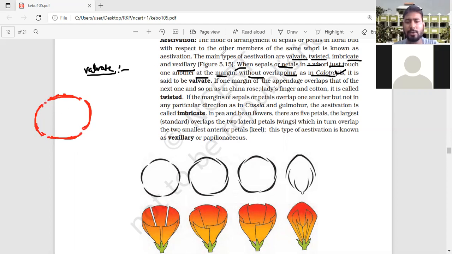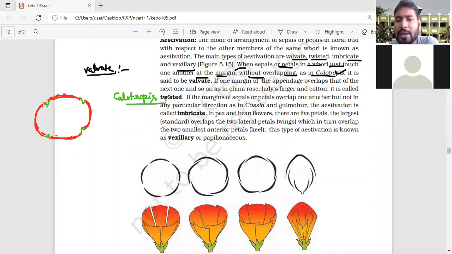Just look: when the sepals or petals in a whorl just touch one another at the margin. Touch means, I will change the color so your concept will be clear. Now they are touching each other. Such type of estivation is called valvate estivation, and valvate estivation is always found in Calotropis, like Calotropis procera and Calotropis gigantea.